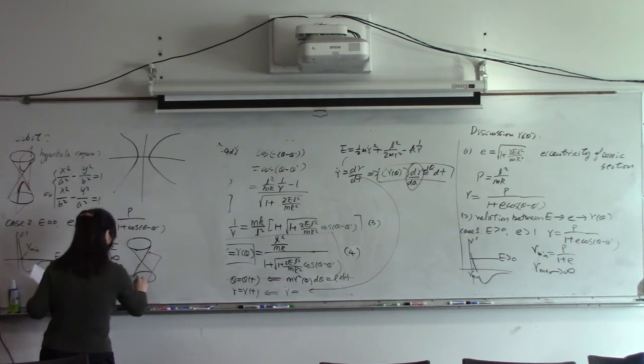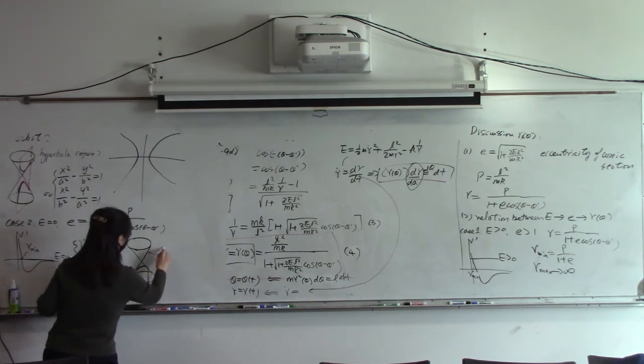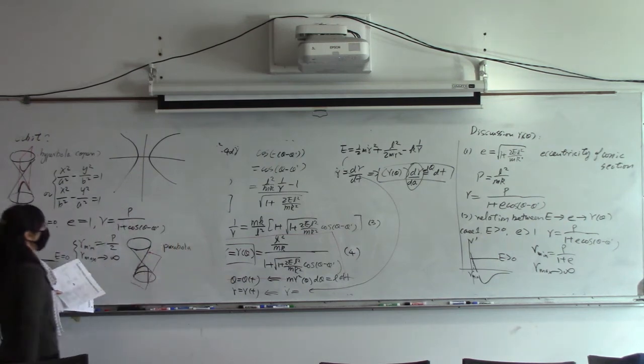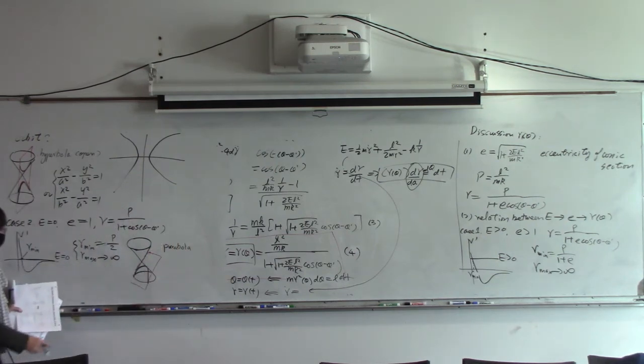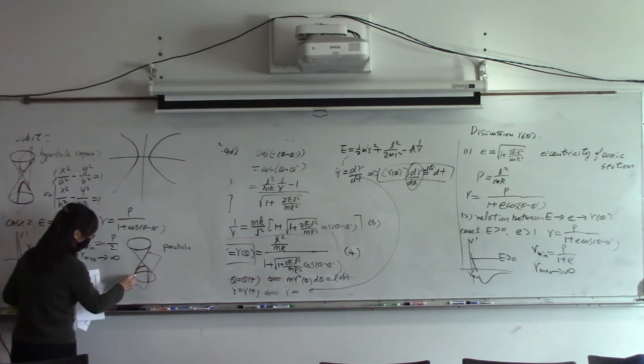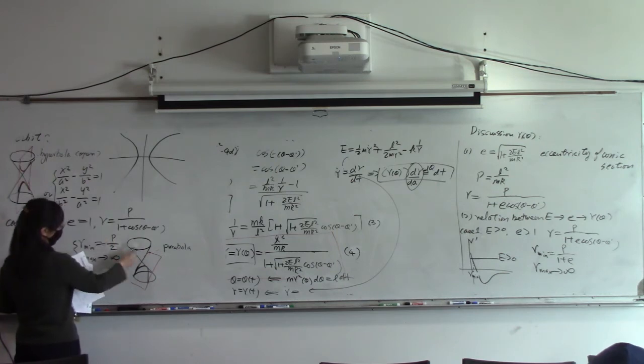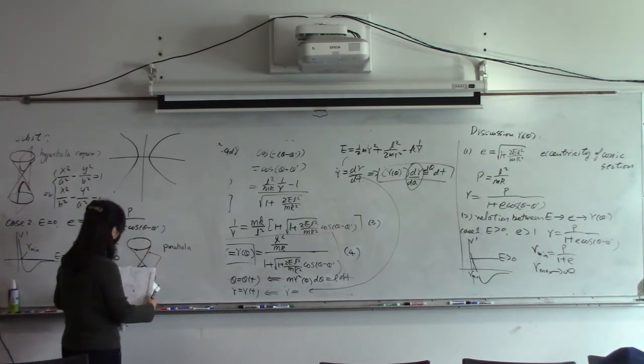So we have the curve like here, something like this. This is a parabola. We can visualize this curve because we can use this truncation in the conic section.